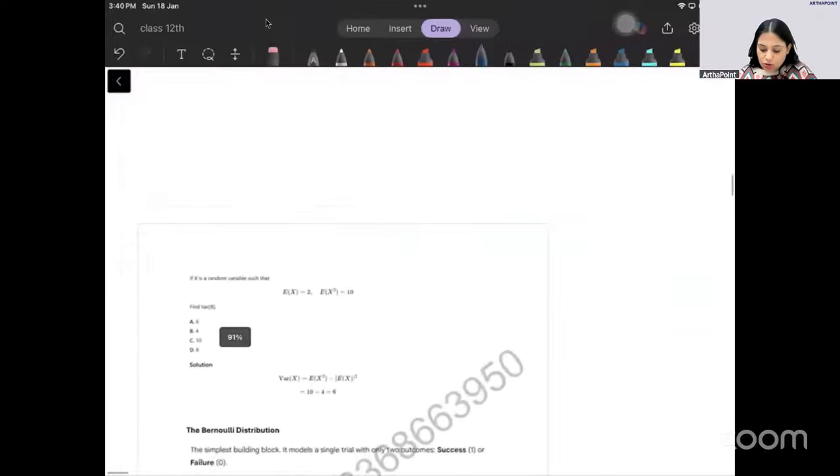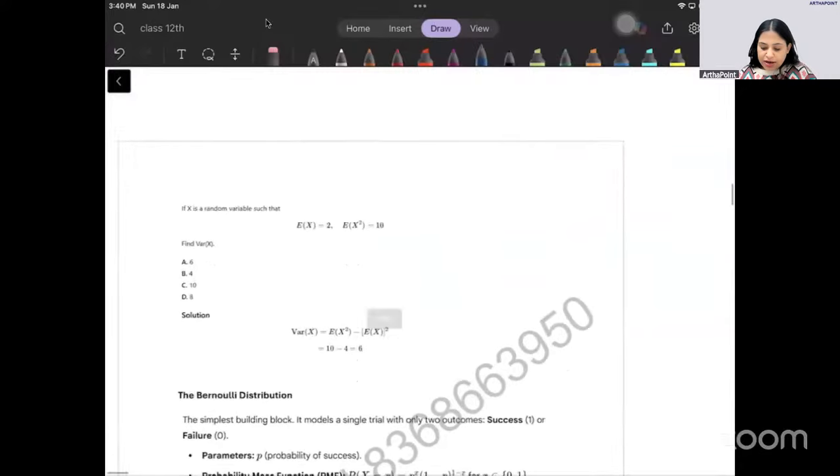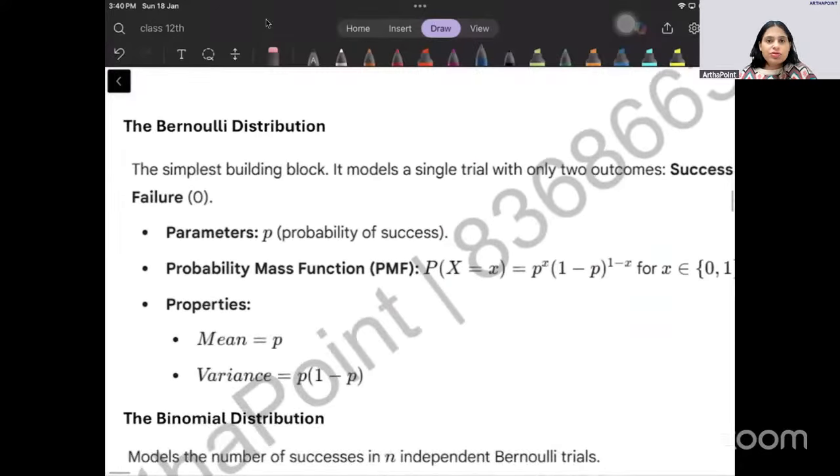So we'll now talk about the different kind of distributions in discrete distribution. Okay. Again, I'm just requesting everyone to please ask others to join in. Just post it on the group that we are starting.